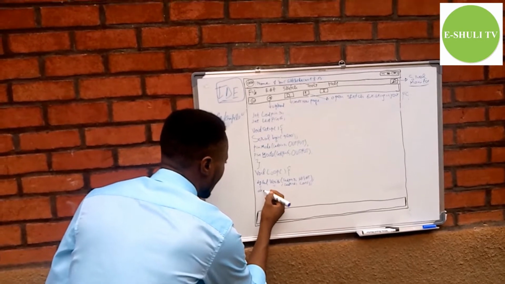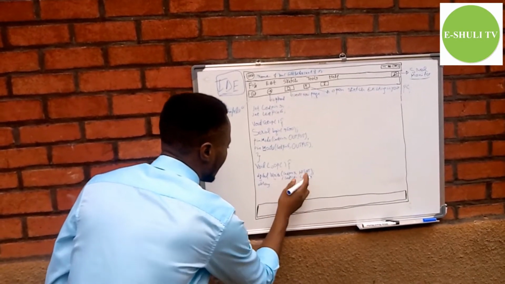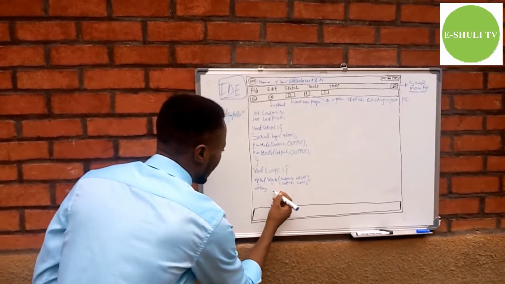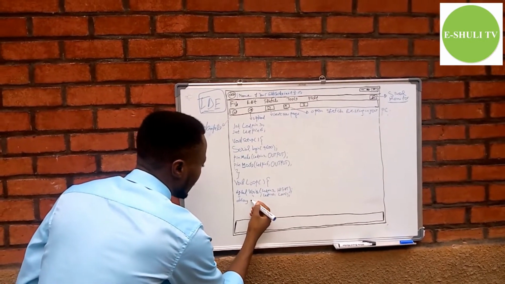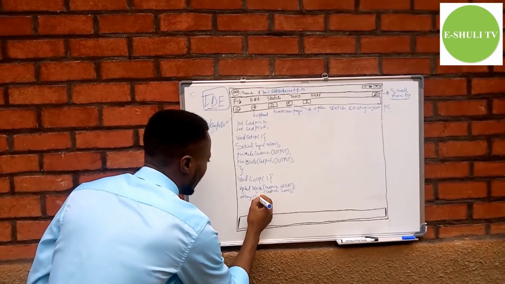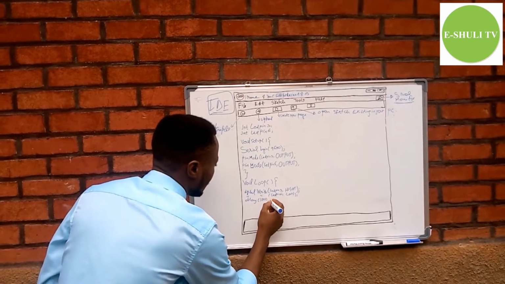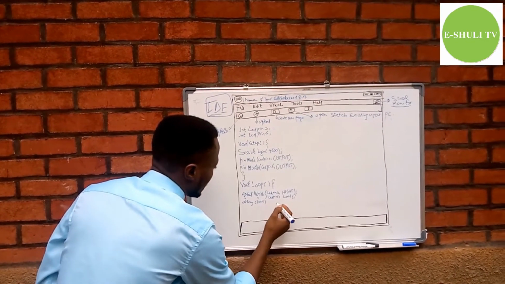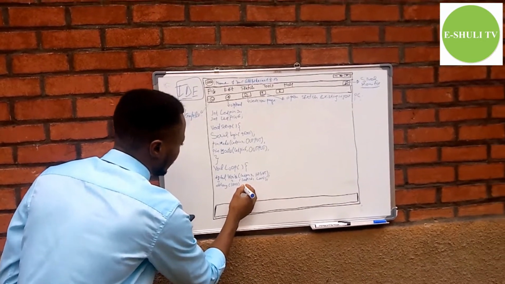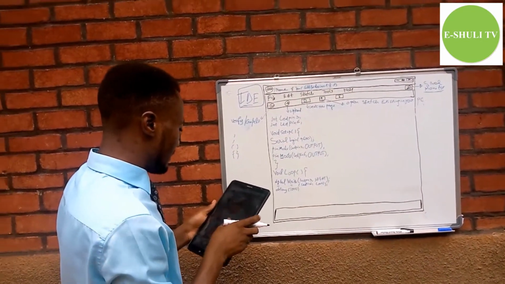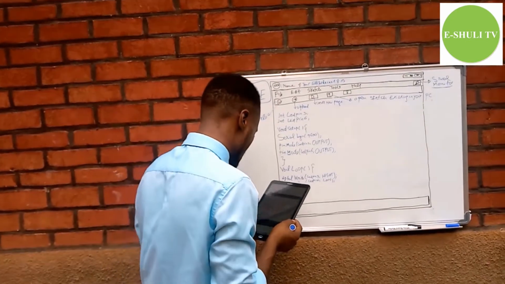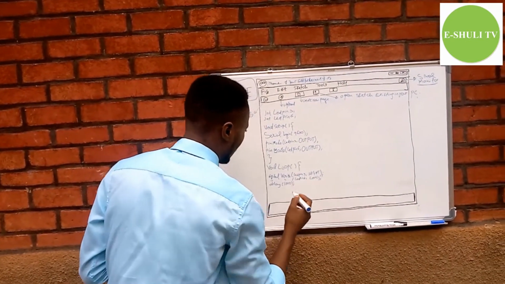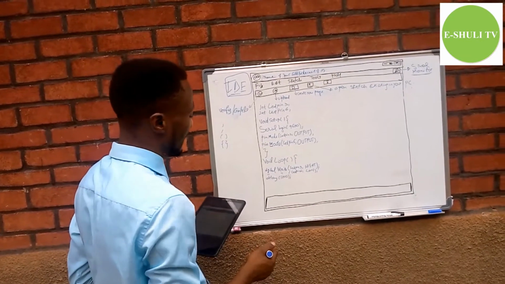You have to write the delay time this function will take. Let's say the delay time will be 100 microseconds. You see, then remember to write semicolon again.